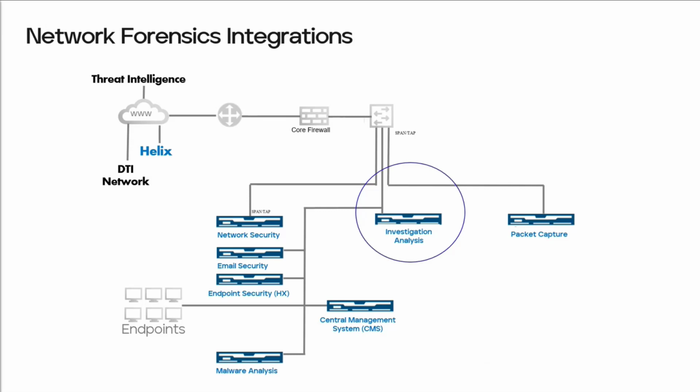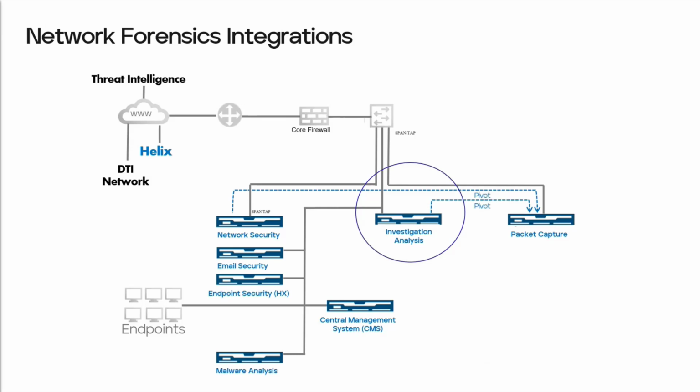And it is pulling data from these different systems to allow an analyst to perform the investigations with one pane, without having the need to pivot as much as one would typically do if they were not integrated. So you can pivot from a network security system to a packet capture system.